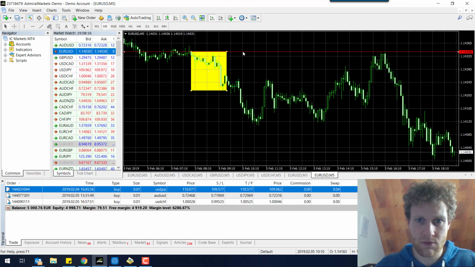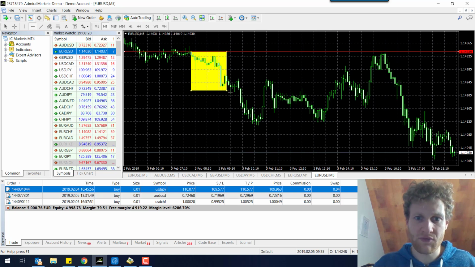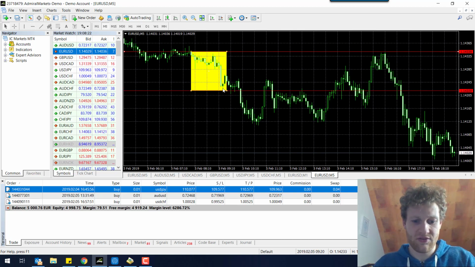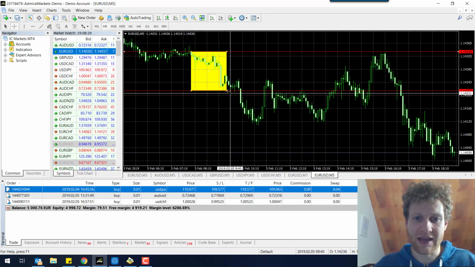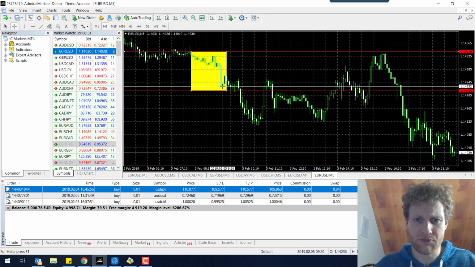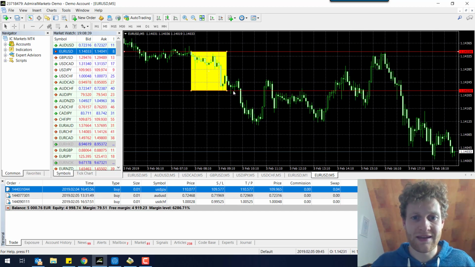Let me just correct this, and we have a low price that is at the candle of 9:20 in the morning, and we have a low price of, let me check it real quick, 1.1422, and the low price is also marked with this line.